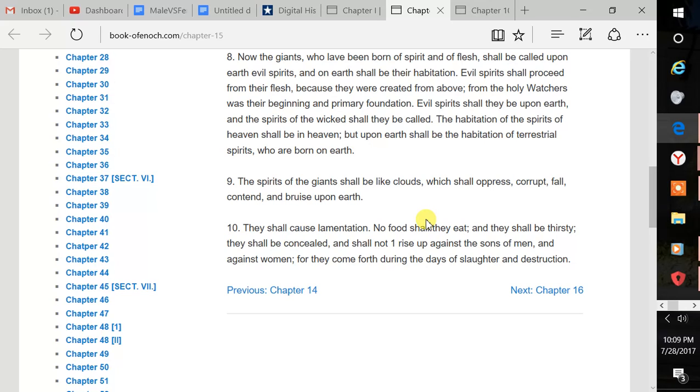Now, because the angels slept with women, what they brought up was a spirit being or fleshly being that had no place in this world. Okay?